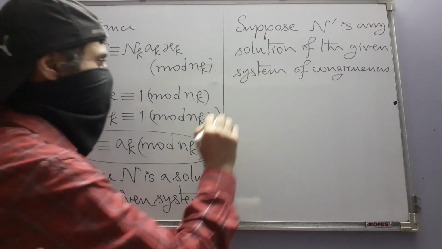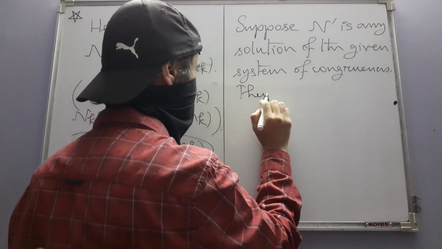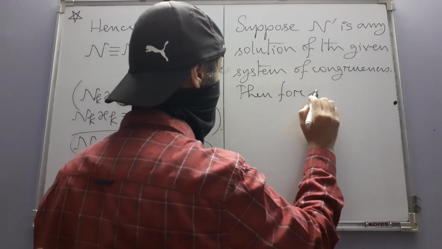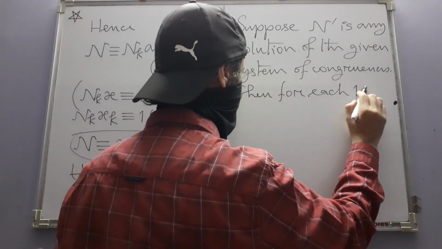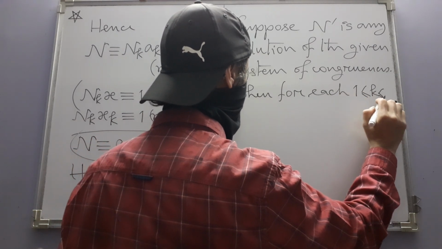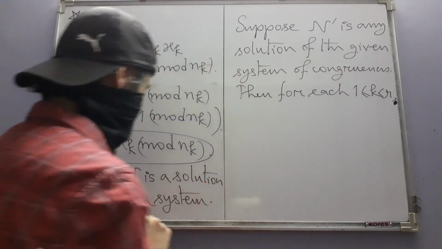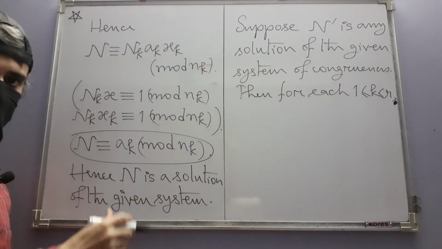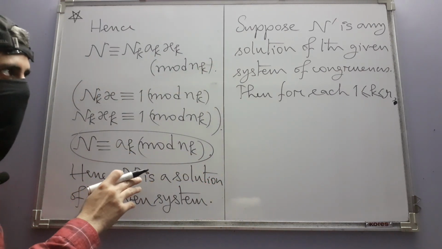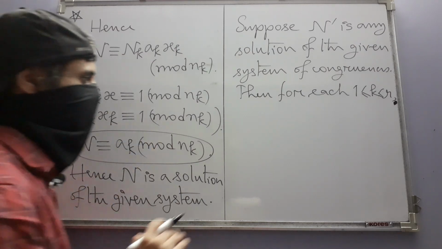Then for each k in this range, n is already satisfying this kth congruence, but now n' will also satisfy.